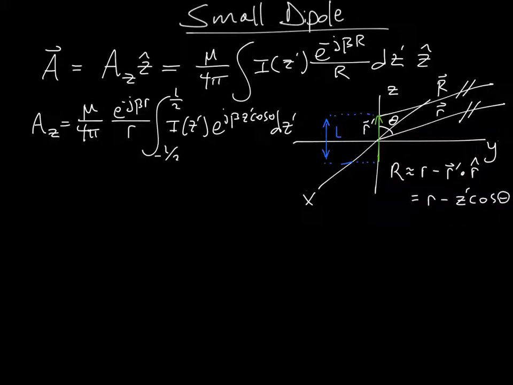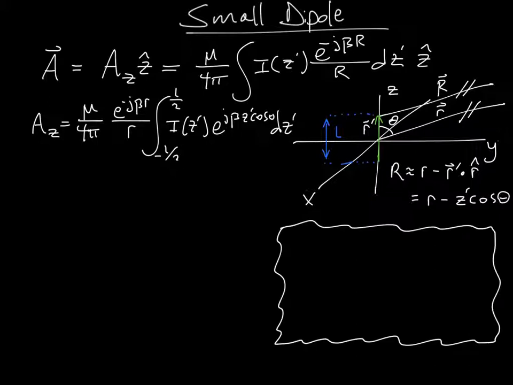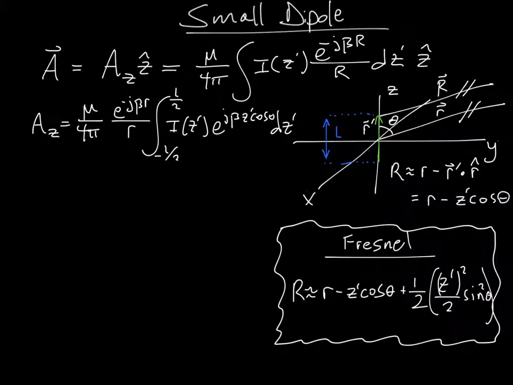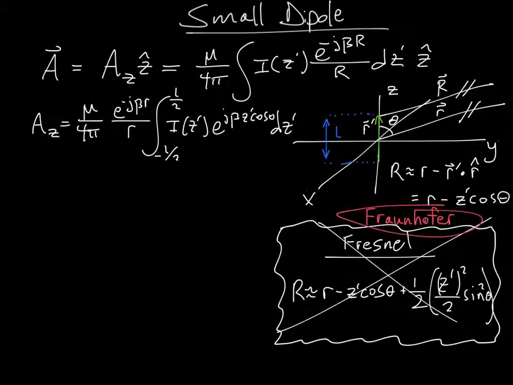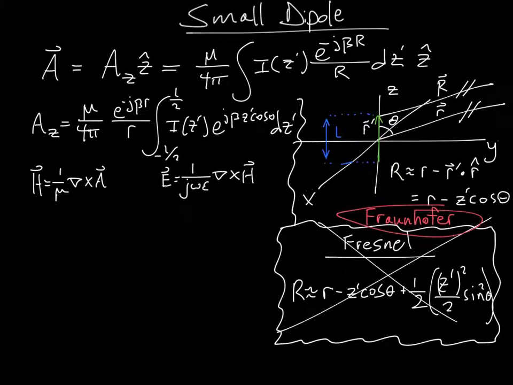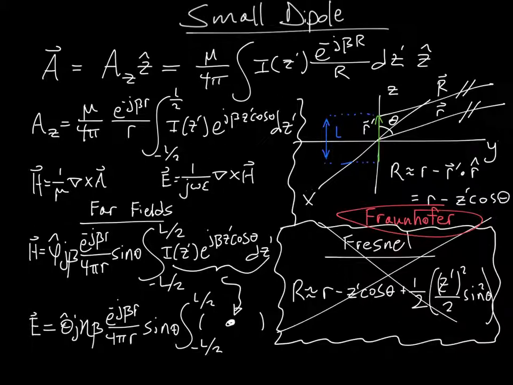If we wanted to find the near field radiation in the Fresnel region, then we would use a second order approximation. For this first order approximation, going through the same steps as we did before, now we have the E and H field. The integrals in these field expressions that include the current distributions are called a space factor. For a continuous distribution, it's called a space factor. For a discrete distribution, it's called an array factor.